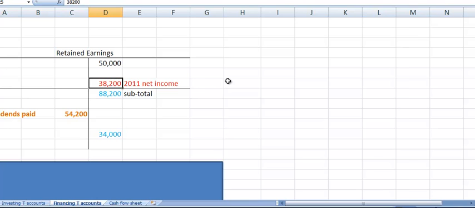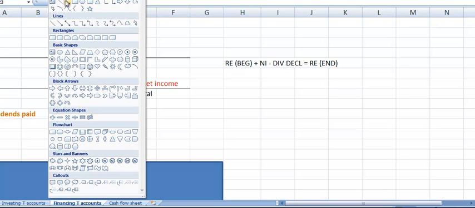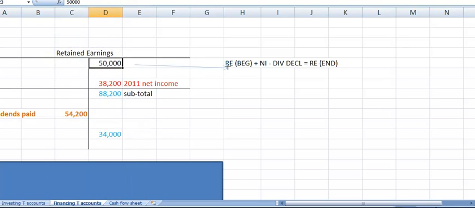Don't forget, retained earnings at the beginning of any year, plus net income, less dividends declared is going to give you retained earnings at the end. That's something we learned in intro financial, right? So we know at the beginning we had 50,000, right?